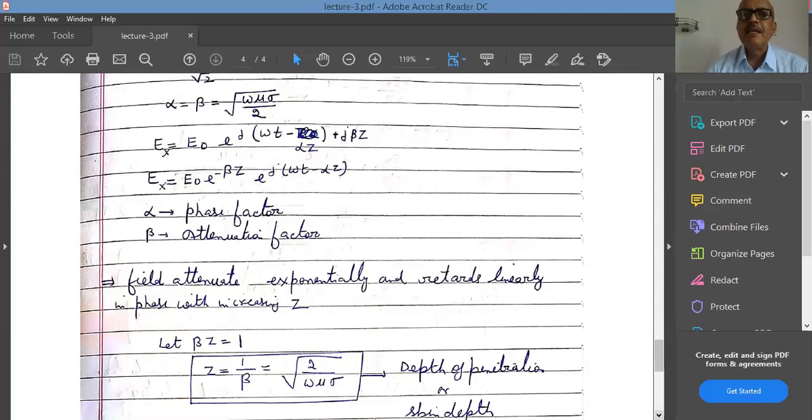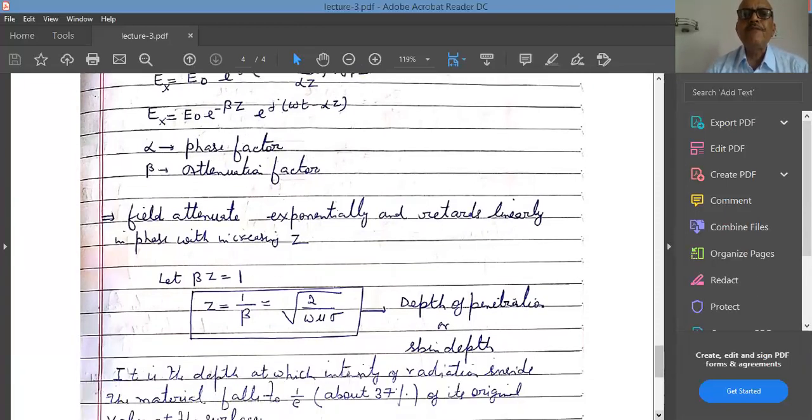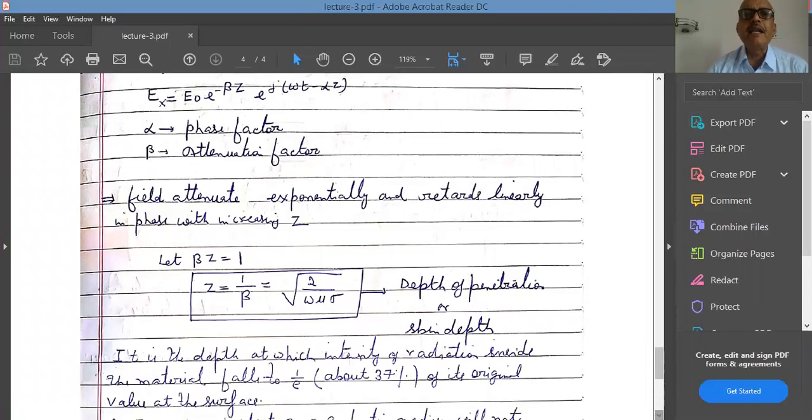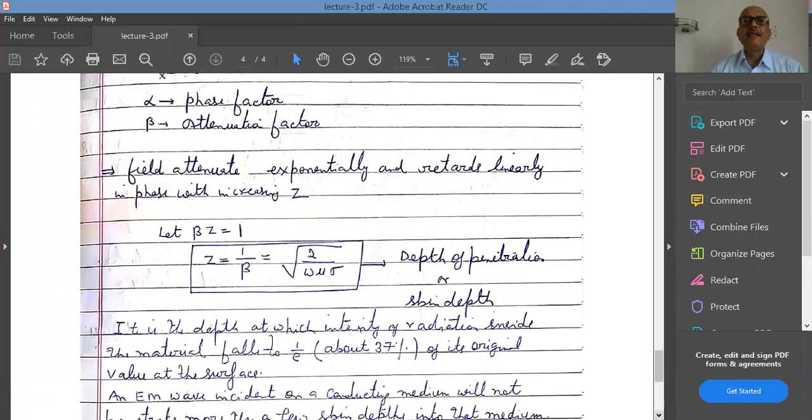This distance is called depth of penetration or skin depth. It is the distance at which the intensity of the electromagnetic wave, or the intensity of the electric field and the magnetic field vector inside the material, falls to 1 upon e.